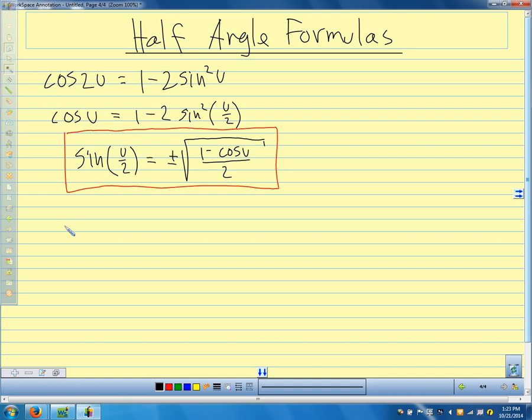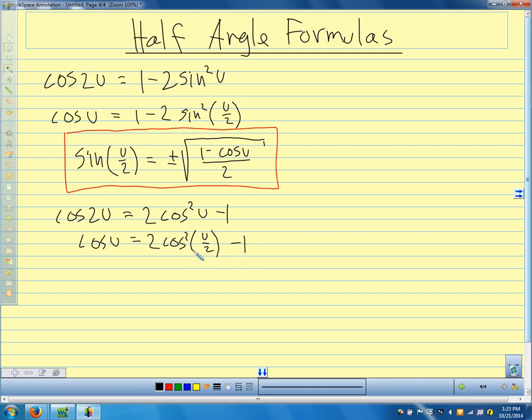And then let's look at the other double angle formula. Cosine of 2u equals 2 cosine squared u minus 1. I'm going to use the same idea that we did to rewrite this and say that the cosine of u equals 2 cosine squared of u over 2 minus 1.